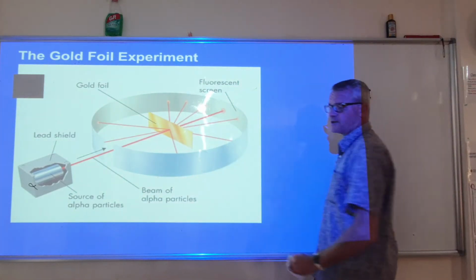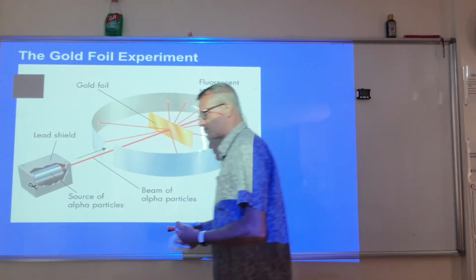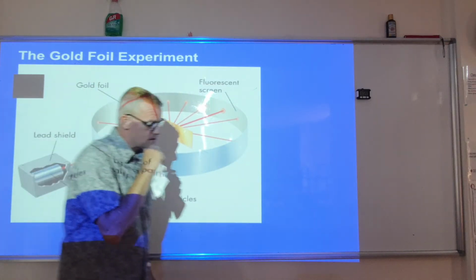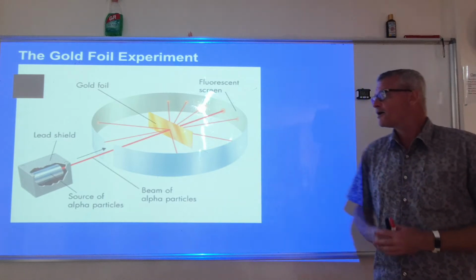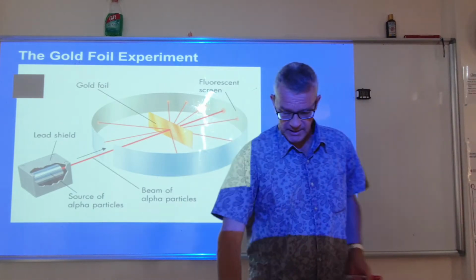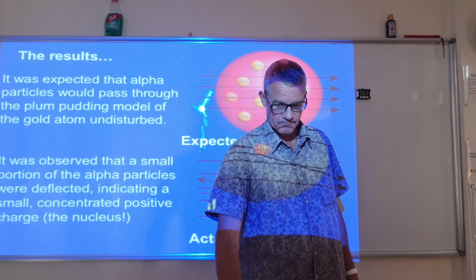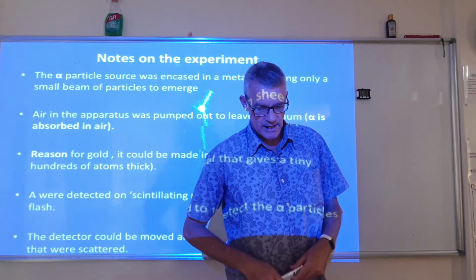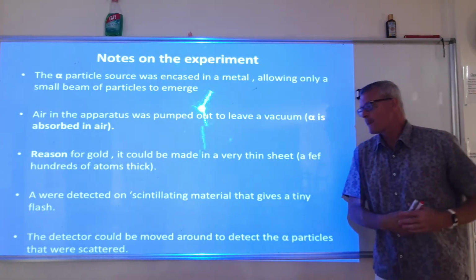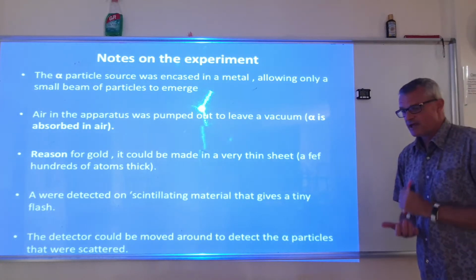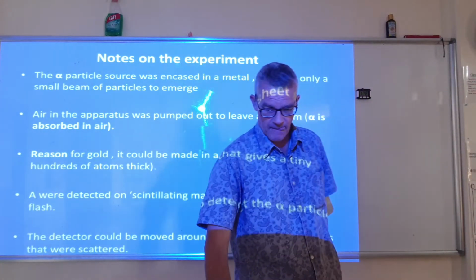So you can imagine that this experiment took weeks and weeks before they even detected a particle that didn't go straight through, okay? So the detector could be moved around to detect the alpha particles that were scattered, okay?